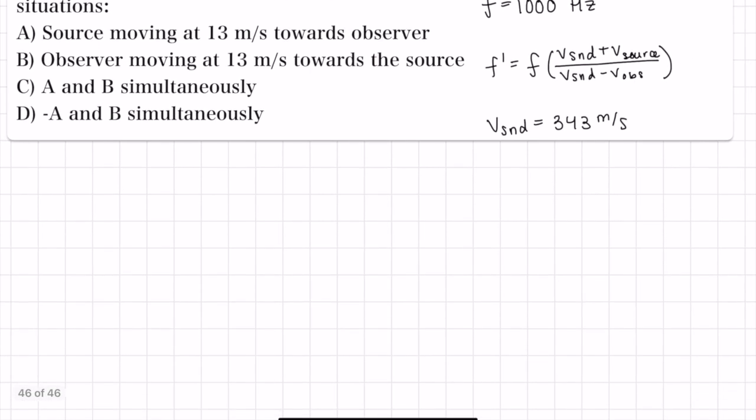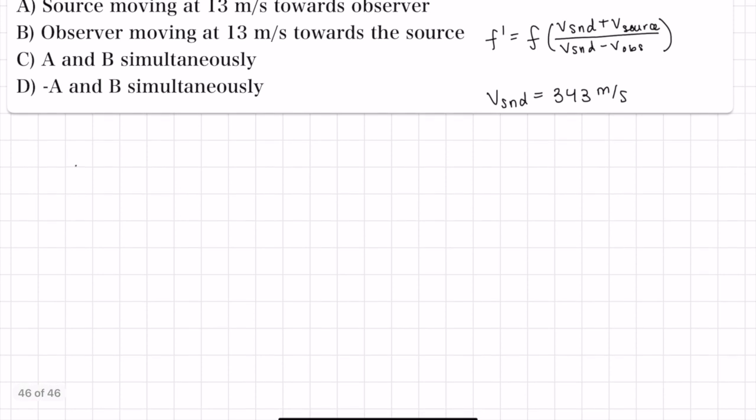For situation A, the source is moving but the observer is stationary, so our V observer is 0. And our V source, the speed, is 13 meters per second. We're going to put a positive on that because it is moving towards the observer. If it was moving away, it would be a negative sign.